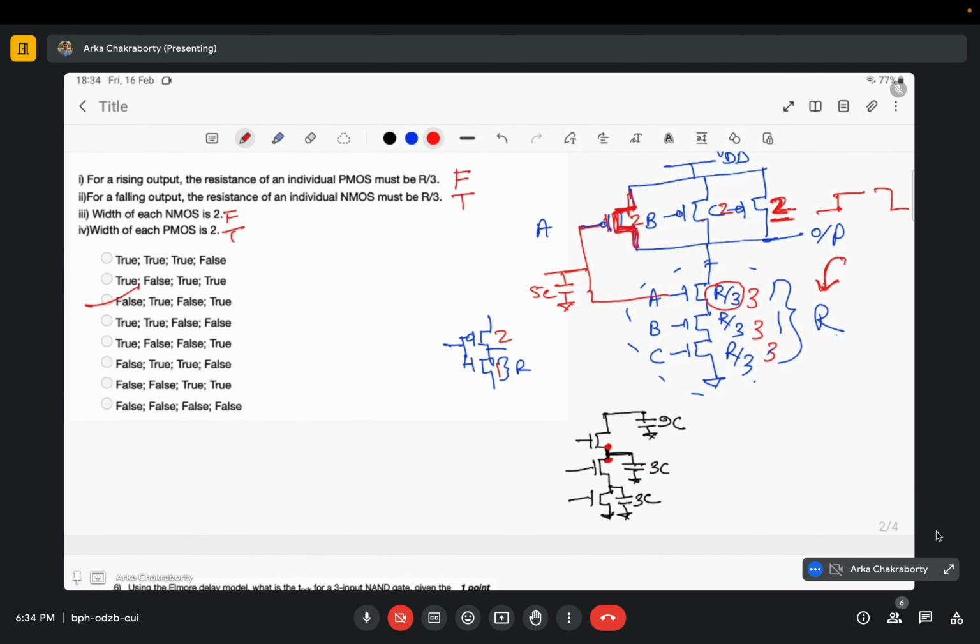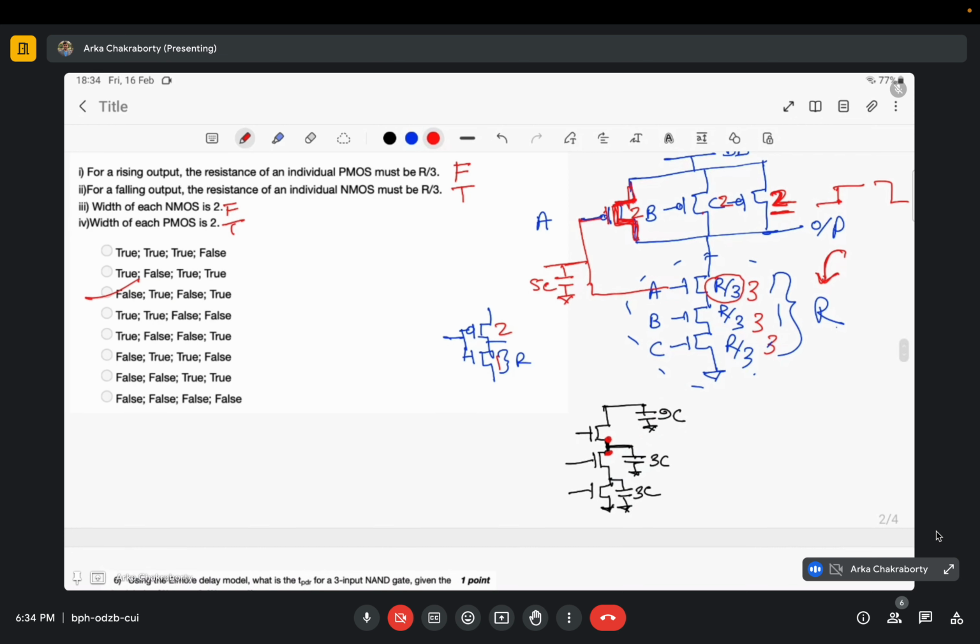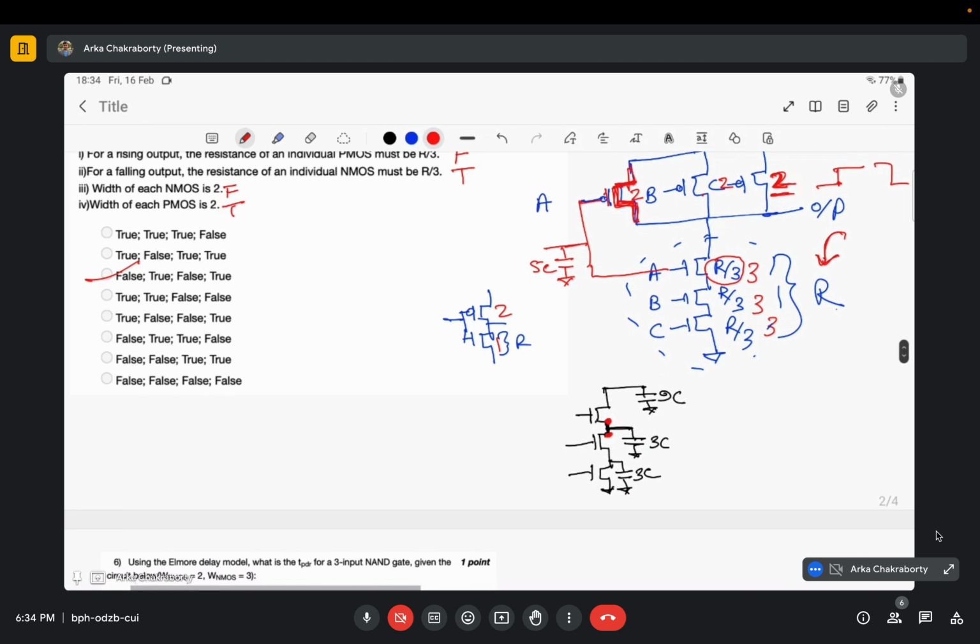Okay, let me tell. Like sir has already discussed in the lectures, we have to look into the layout of the circuit to find the common capacitance between these two. There is something called an uncontacted diffusion capacitance. In VLSI, contact means a metal layer is present.